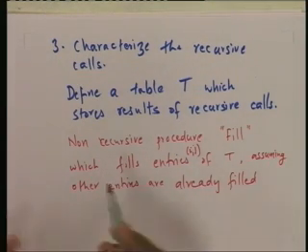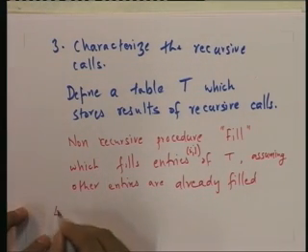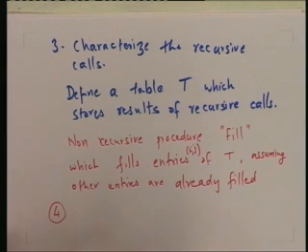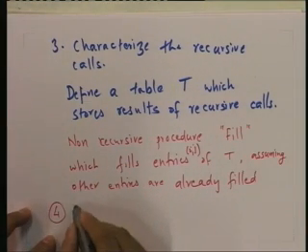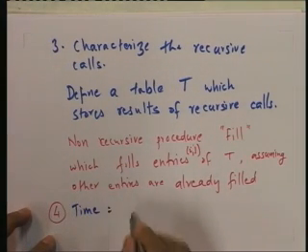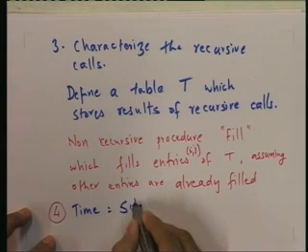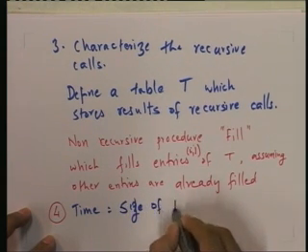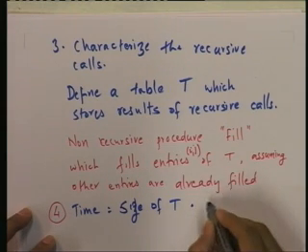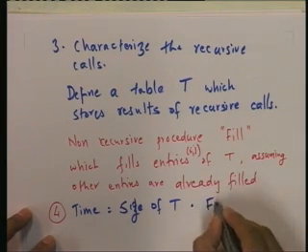The key point is going to be that as a result of this, the total time will be small. In fact, right now I can list what the total time is going to be. The total time is going to be the size of the table times the filling time.